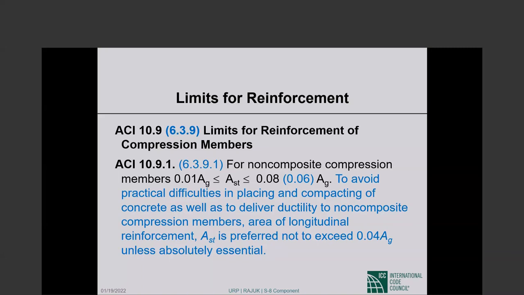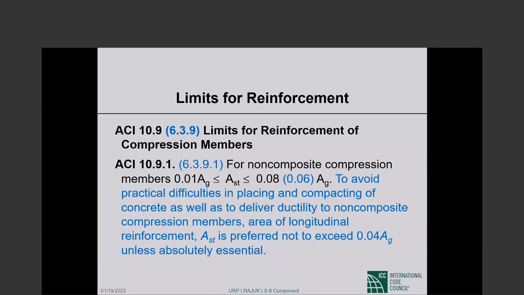And next thing I will say is even 4% reinforcement is way too much. But what I found interesting is in BNBC 2020, this is the added language in blue, BNBC says to avoid practical difficulties in placing and compacting of concrete, as well as to deliver ductility to non-composite compression members, area of longitudinal reinforcement is preferred not to exceed 4% of A sub G unless absolutely essential.